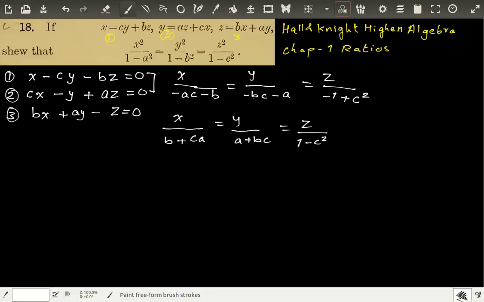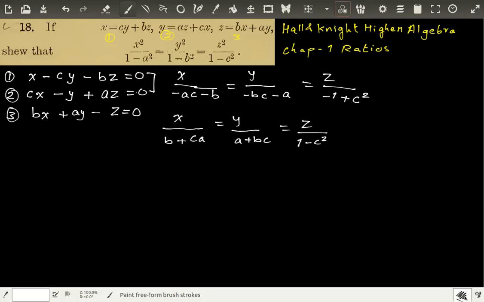We have simply multiplied each of these ratios by minus 1 and we will get this. So we know this relationship will be true from equation number 1 and equation number 2.